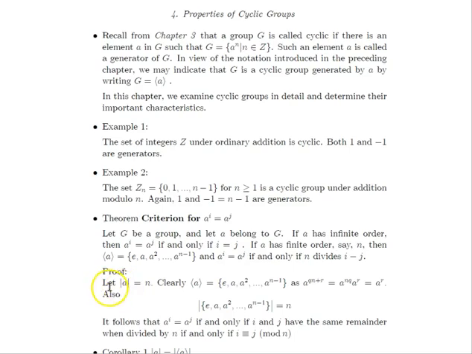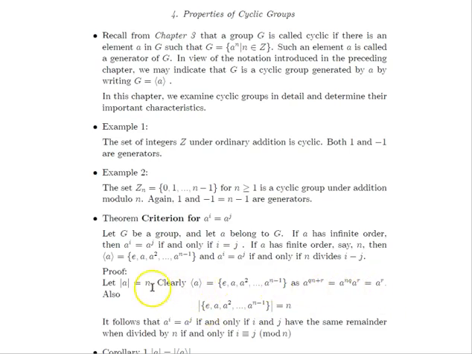To prove this, the first case is obvious, so we prove the second case, and the order of a is n. The cyclic group generated by a consists of these elements, and for any integer q, and for r between 0 and n-1, a to the qn plus r is equal to a to the r.